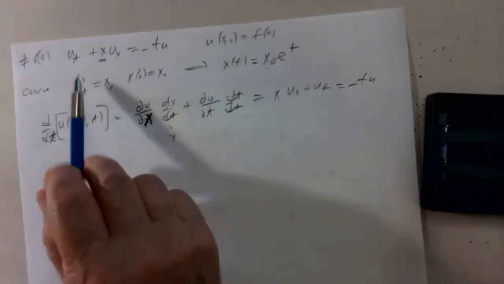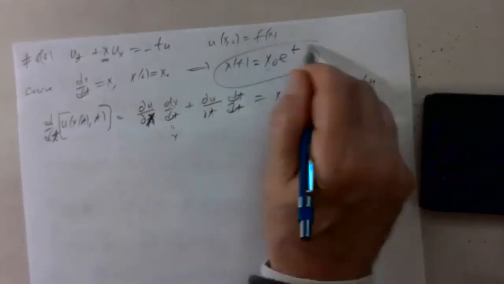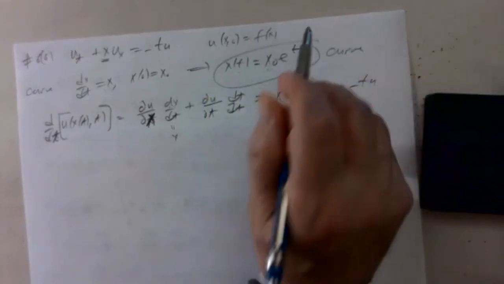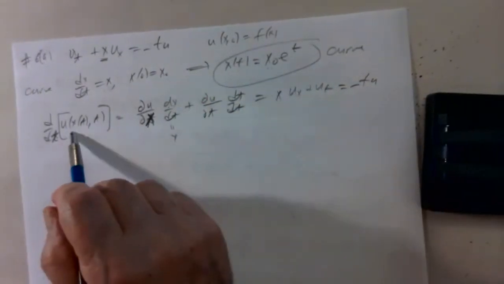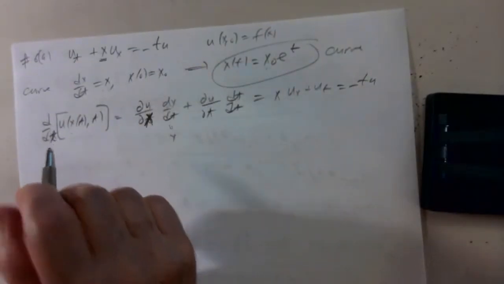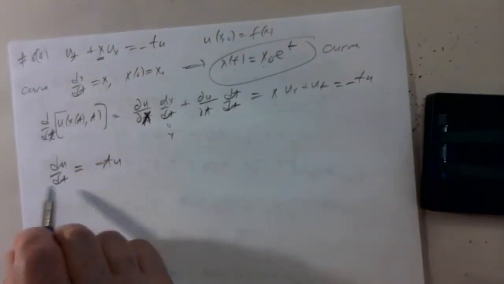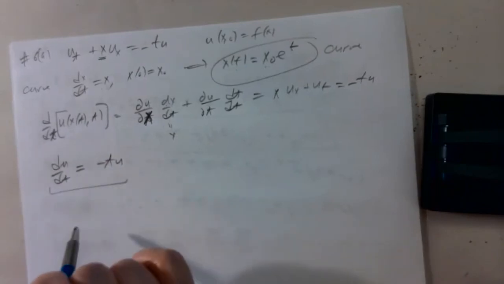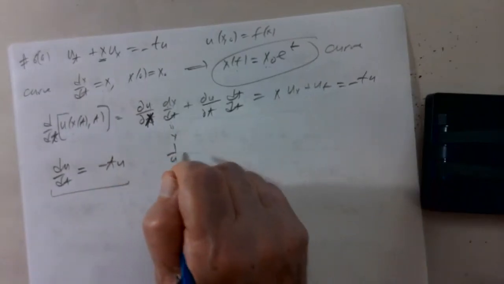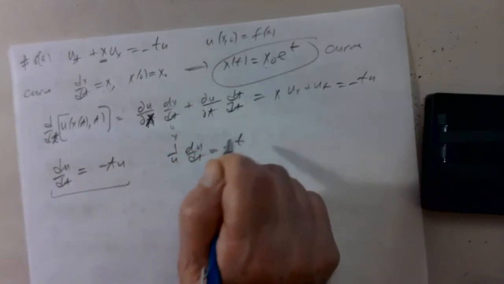So if we look at the solution of the equation along this curve, on that curve, du/dt is equal to minus t u. This is a separable ordinary differential equation: 1 over u du/dt equals minus t.